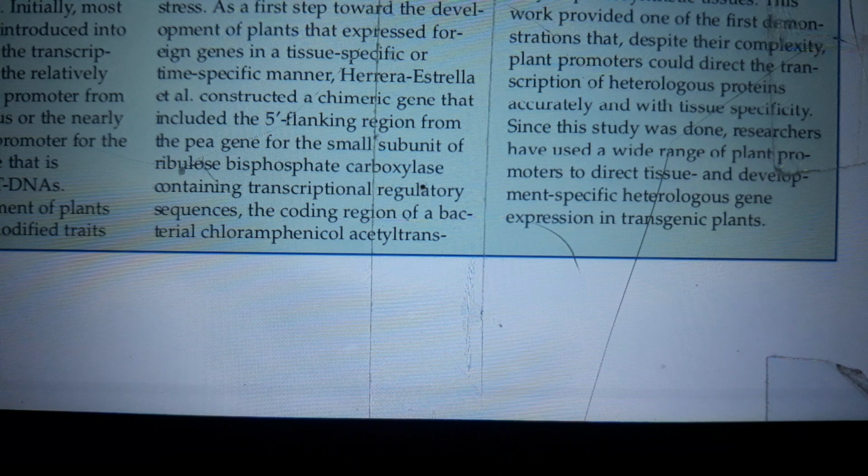This work provided one of the first demonstrations that, despite their complexity, plant promoters could direct the transcription of heterologous proteins accurately with tissue specificity. Since the study was done, researchers have used a wide range of plant promoters to direct tissue- and development-specific heterologous gene expression in transgenic plants.